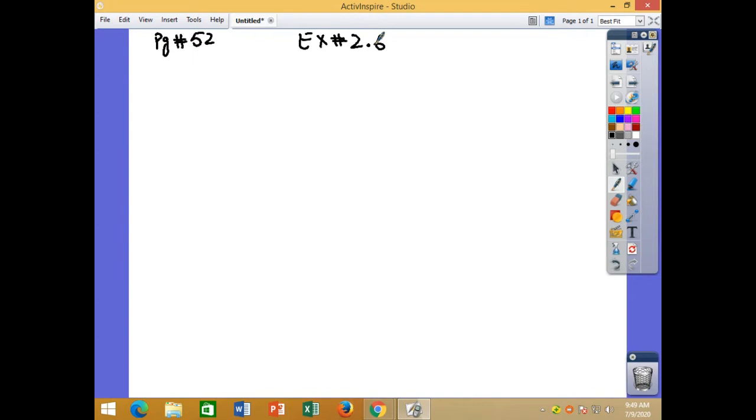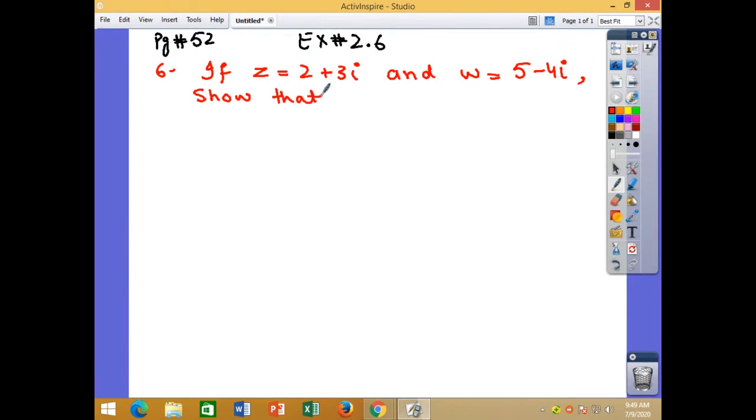The question number 6 is, if z is equal to 2 plus 3 iota and w is equal to 5 minus 4 iota, show that part number 1.